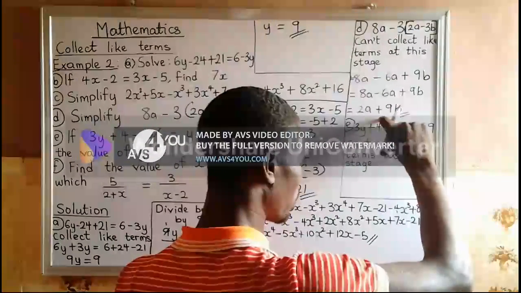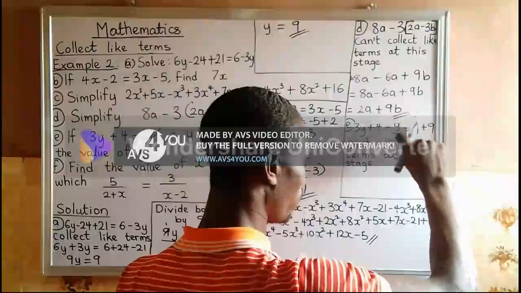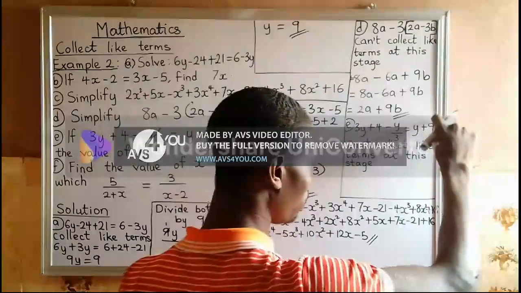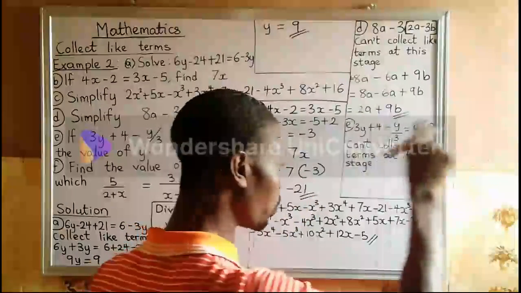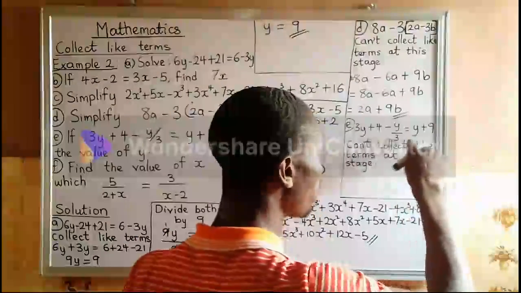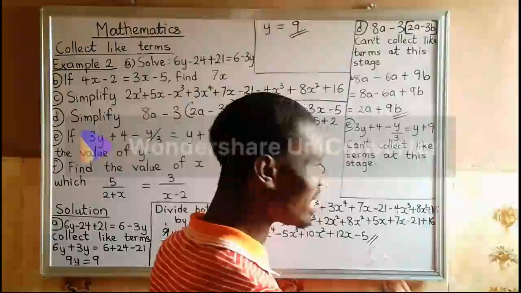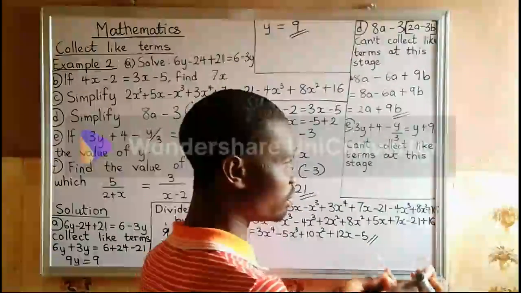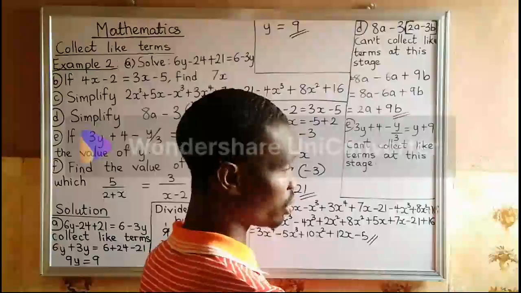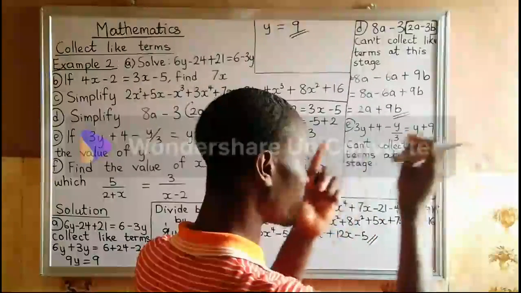So 3y is a term, 4 is a term, minus y all over 3 is a term, y is a term, plus 9 is also a term. So you multiply each of those terms by the LCM of the existing denominators. There's just one here, 3. So the LCM is also 3. So you multiply through by 3.